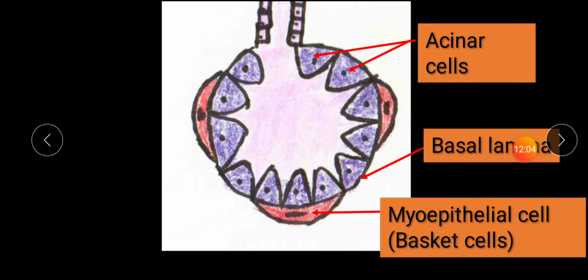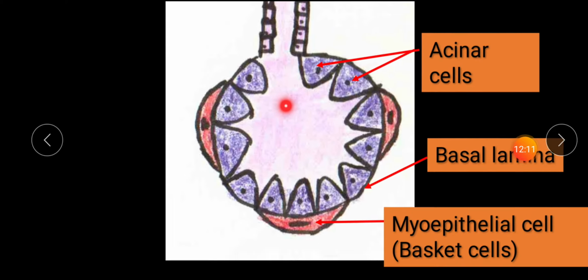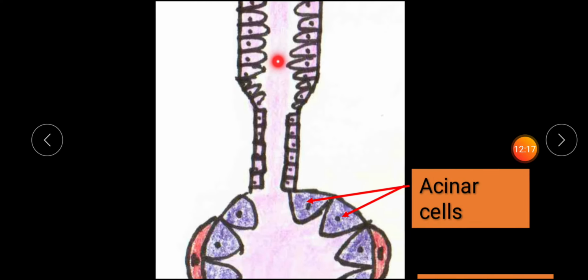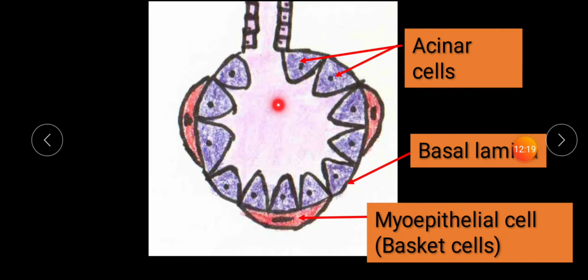The specific function of the myoepithelial cell is to expel or convey the secretion collected within the lumen of the acini towards the duct system. Structurally they contain contractile protein, that is why they are able to contract and move the secretory material towards the duct system.